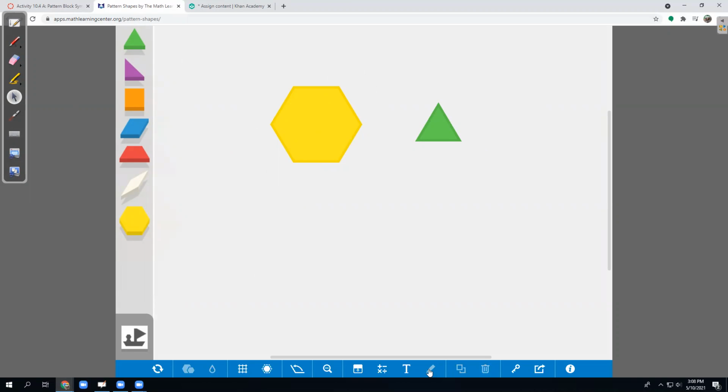See if I can get my pen here to work right. The pen has a scribble mode, right, and it has a line mode. And so looking at these figures here, let's start with the triangle. The triangle already has some lines, right? There's that line there at the base. Now, that would not be a line of symmetry for this triangle.